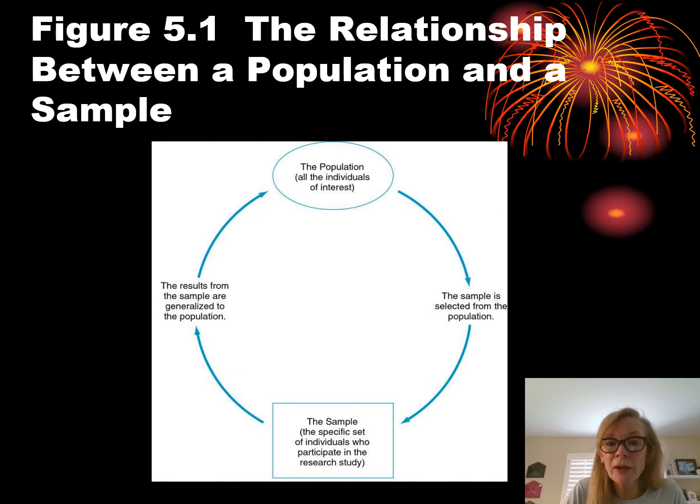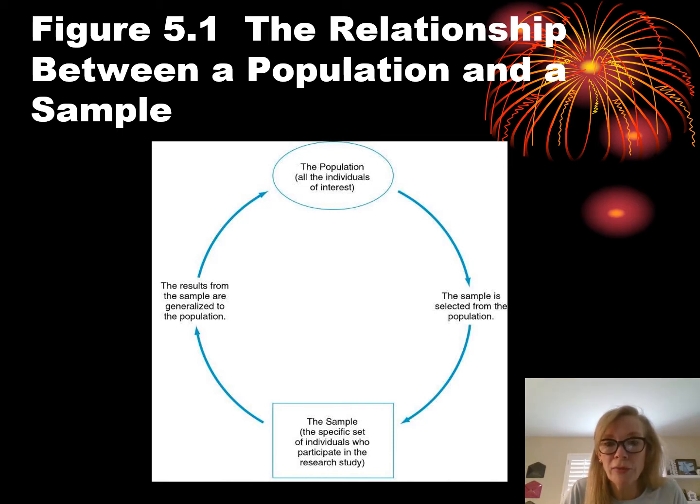You then acquire the sample selected from the population, okay? Now, that first arrow going from the population to the sample consists of your sampling techniques, okay? That's going to be the topic of the next few slides. What are we going to do while that arrow is pointing from the population to the sample selected from the population?